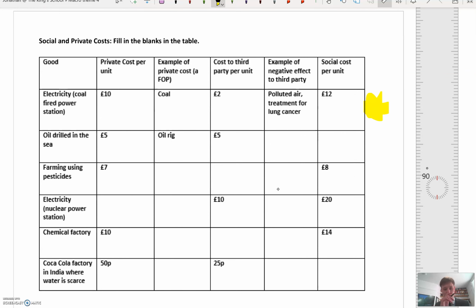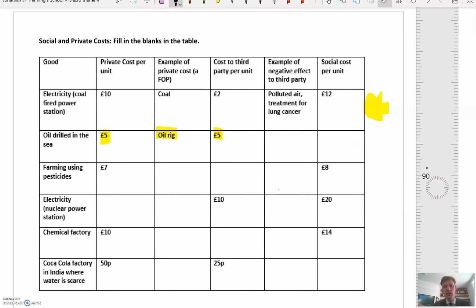We could look at oil drilled in the sea. It might cost £5 to drill each barrel of oil, say. It doesn't, but let's say that it does. The example of a private cost could be the building of the oil rig, or it could be the oil worker. All those factors of production it has to use. The cost to the third party is £5.